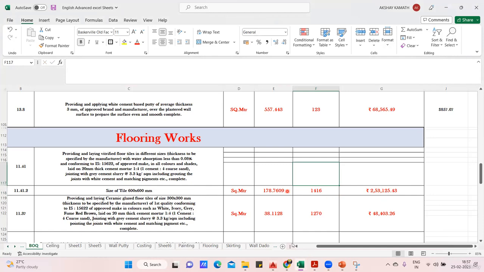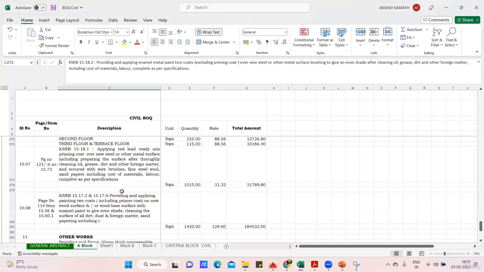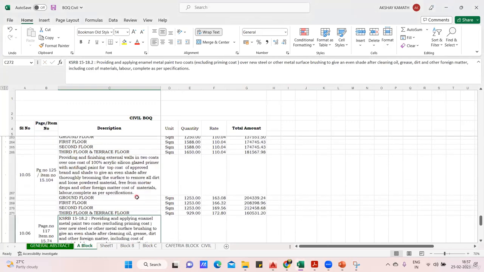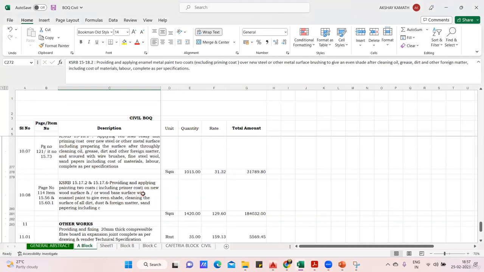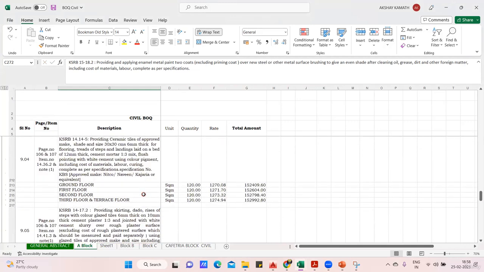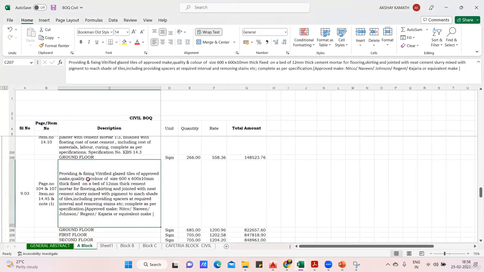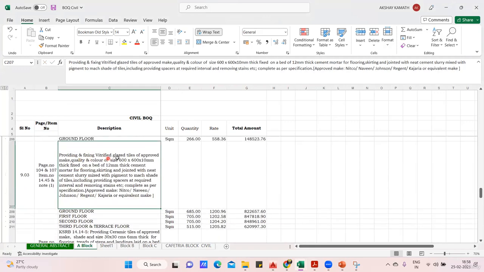Along with that, I'll show you one more BOQ where we can check all those things. So I'll show you in this BOQ what they have given in the flooring area. Okay, flooring will come somewhere here. Painting work. Yeah, yeah. See here, this is flooring work. Okay, what these people have written: providing and fixing vitrified glazed tiles.